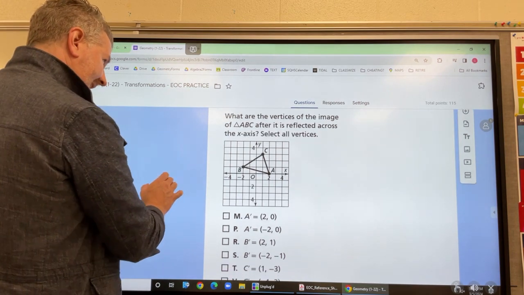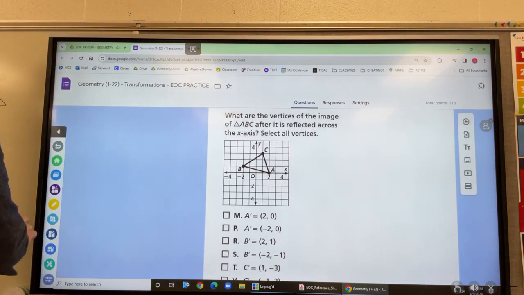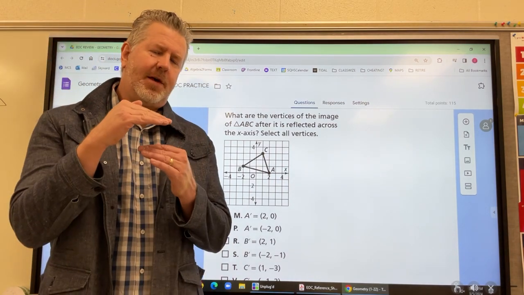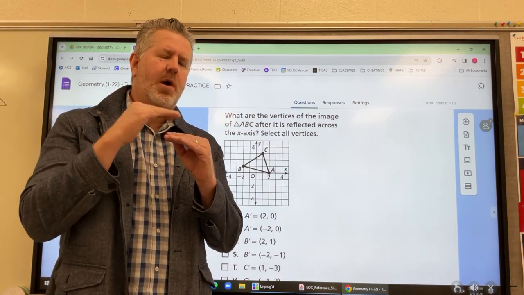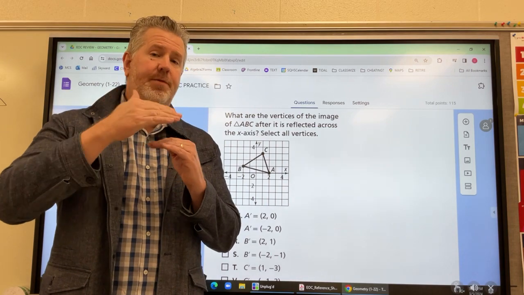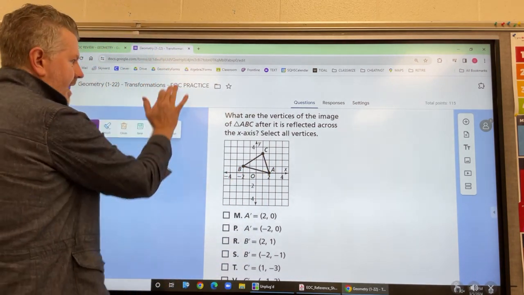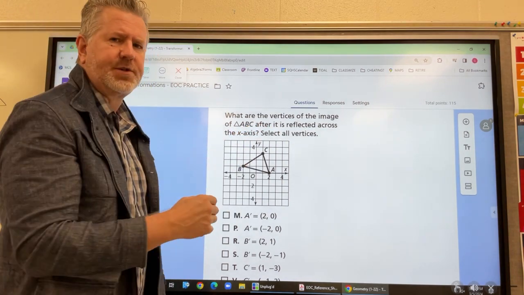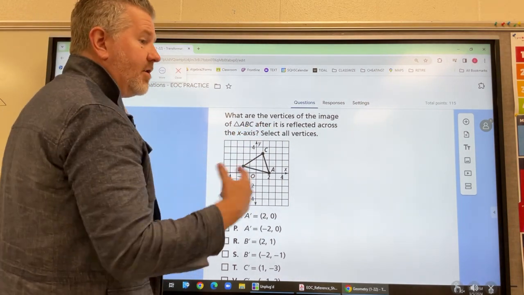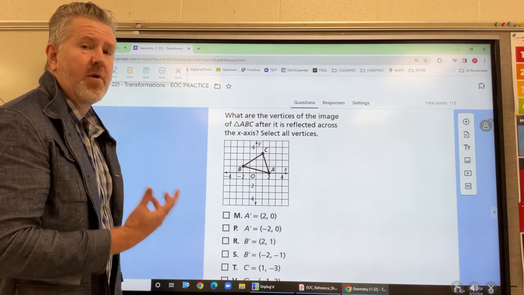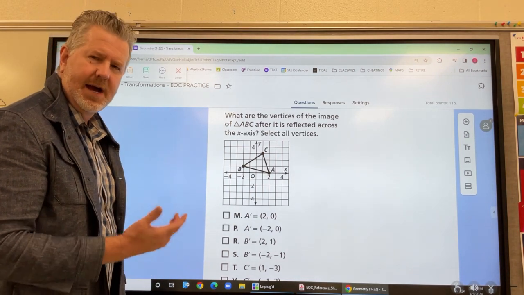What are the vertices after it's reflected across the x-axis? We had that fun little craft where we cut out and labeled the different types of, actually that was more for rotation, and no, it was for reflections around the x, reflections around the y, reflections around y equals x. I never remember those rules, but you can kind of make them up.